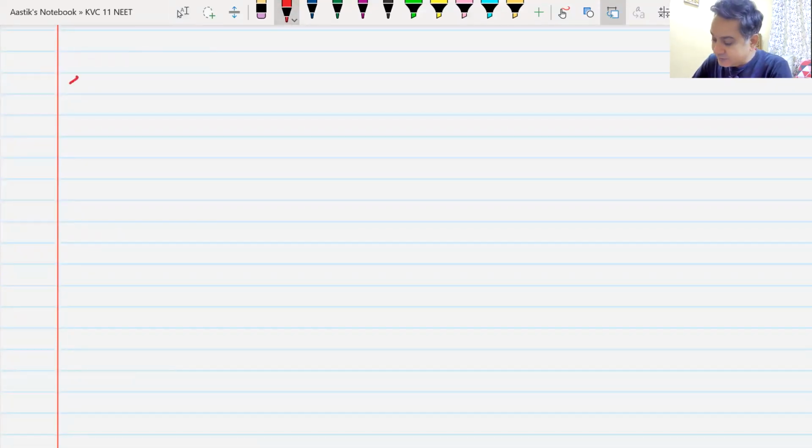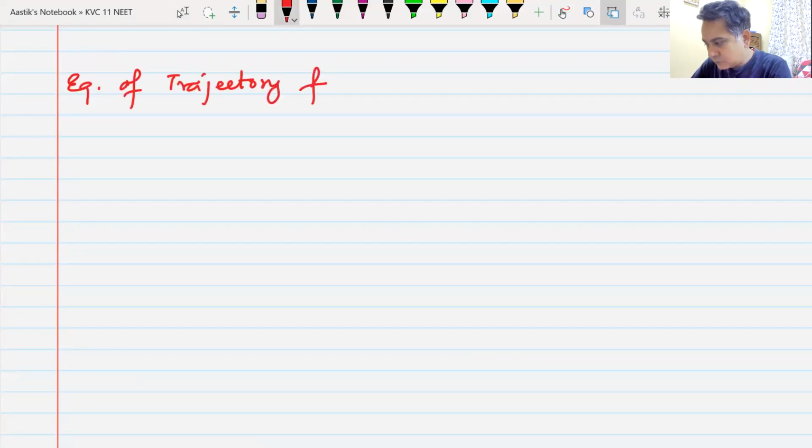So you can write the heading, equation of trajectory for horizontal projectile. And what will the equation of trajectory look like?